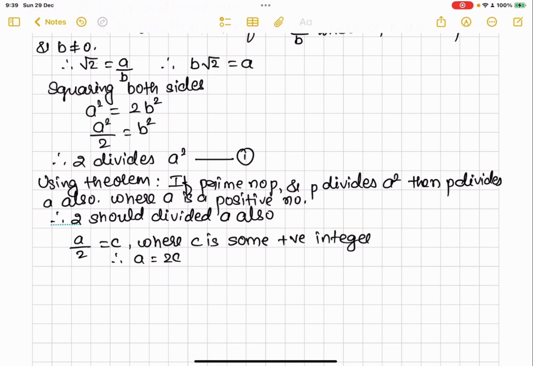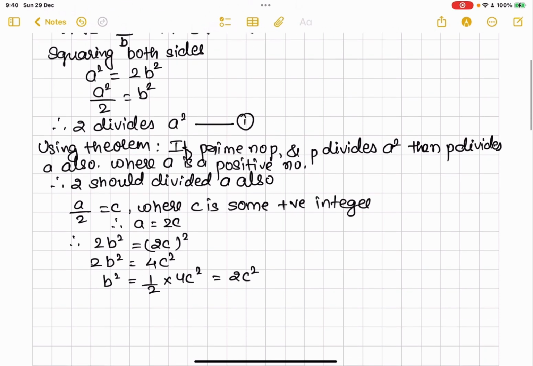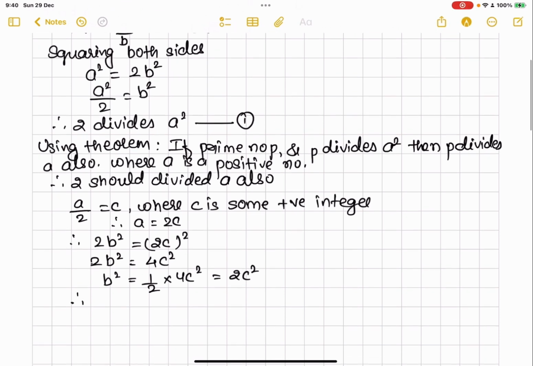Therefore A equals 2C. So 2B square will be equal to 2C whole square. So 2B square equals 4C square. So B square will be equal to 1 upon 2 into 4C square, that will be 2C square. So thus 2 divides B square also. This I am giving number 2.